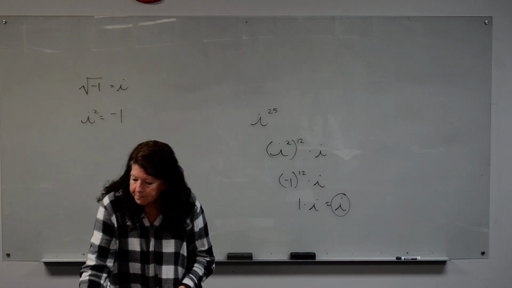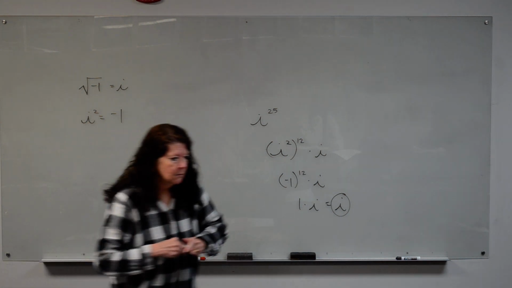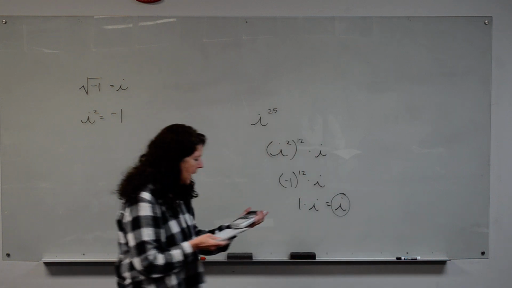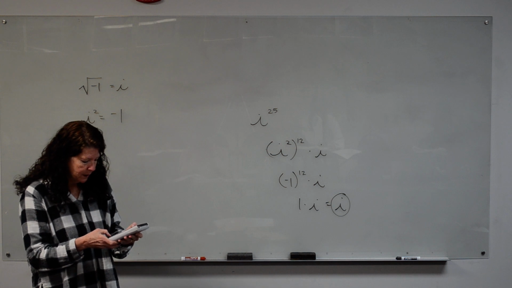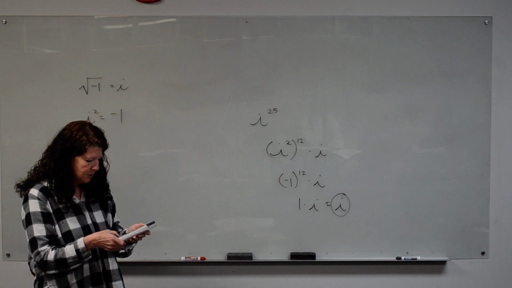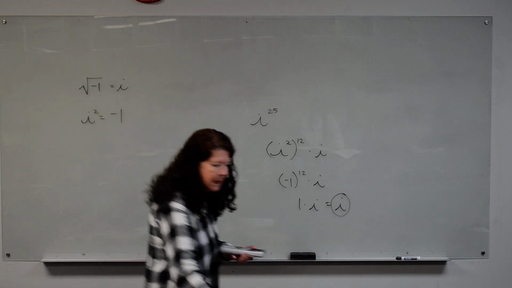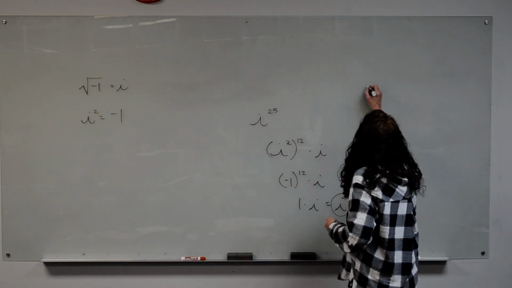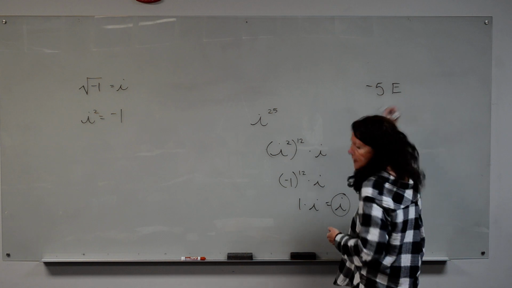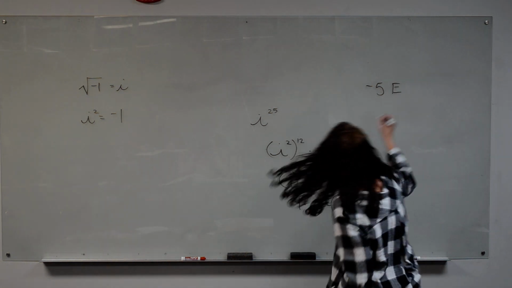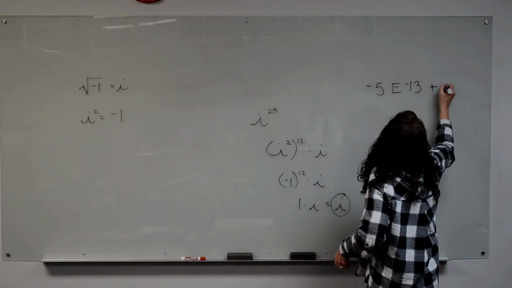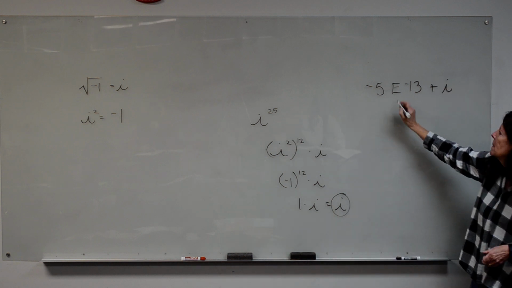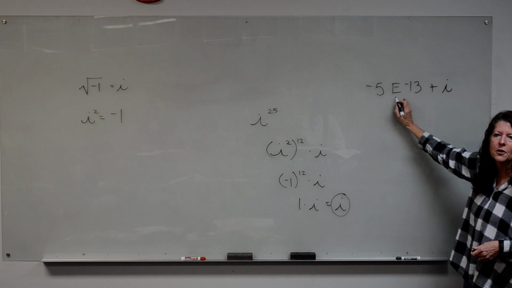Okay? If you took your calculator, so pick up your calculator, okay? If I put in i to the 25th power, you're going to get this: 5 E -13, -5 E -13, plus i. So this means, remember that's times 10 to the -13th power.